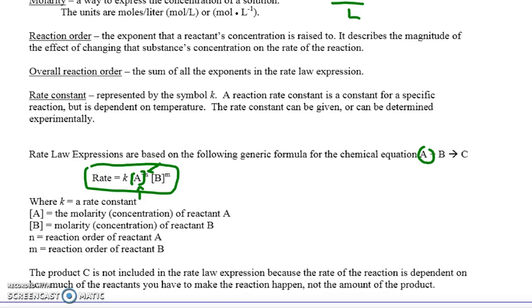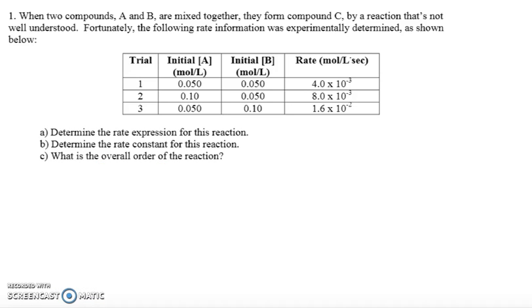We're not going to include product C in the rate law expression because the rate of reaction is only dependent on how much of the reactants you have to make the reaction happen. The reaction rate's not really dependent on the amount of product. If you turn to the next page in this handout, the second page is sort of a tutorial that represents everything that we're going to go through in these various problems.